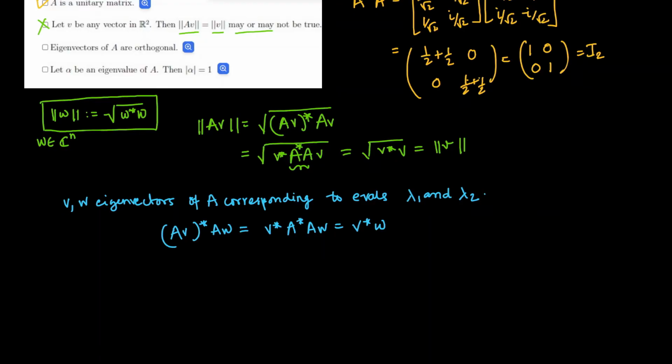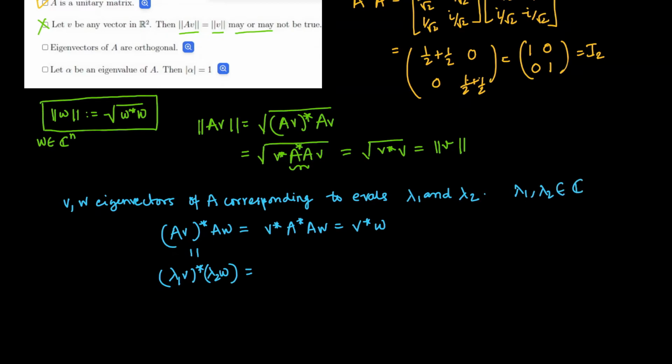Also, since V corresponds to the eigenvector of eigenvalue lambda 1, we can write this as lambda 1 V star lambda 2 W. Lambda 1 and lambda 2 are scalars.